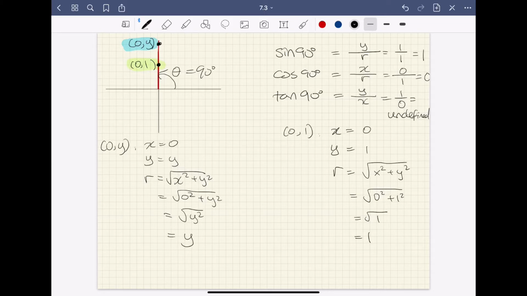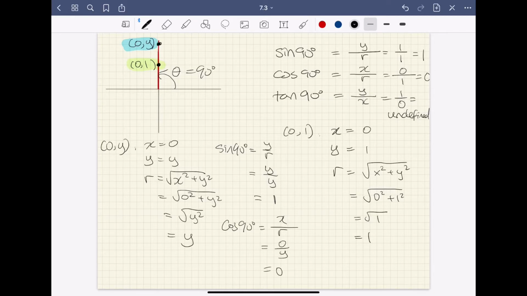So then our sine ratio, sine 90 degrees, is equal to y over r, which is y over y. So sine 90 degrees is equal to 1. And cos 90 degrees will be x over r, which is 0 over y, which is 0.